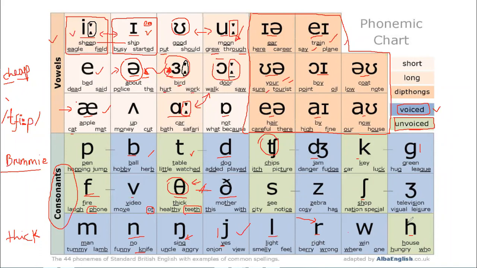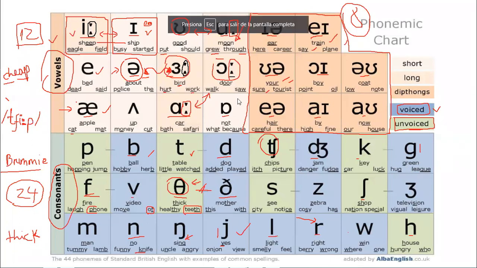Okay, this is the phonemic chart, and as conclusion we have vowels. We mentioned that we have 12 vowels, 12 sonidos vocálicos. We have 24 consonants, 24 sonidos consonantes, and we have 8 diphthongs. Okay. Questions?